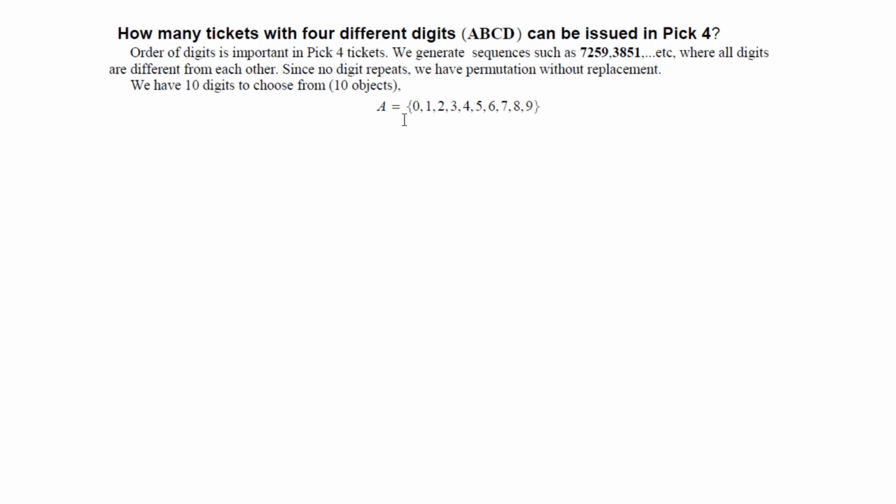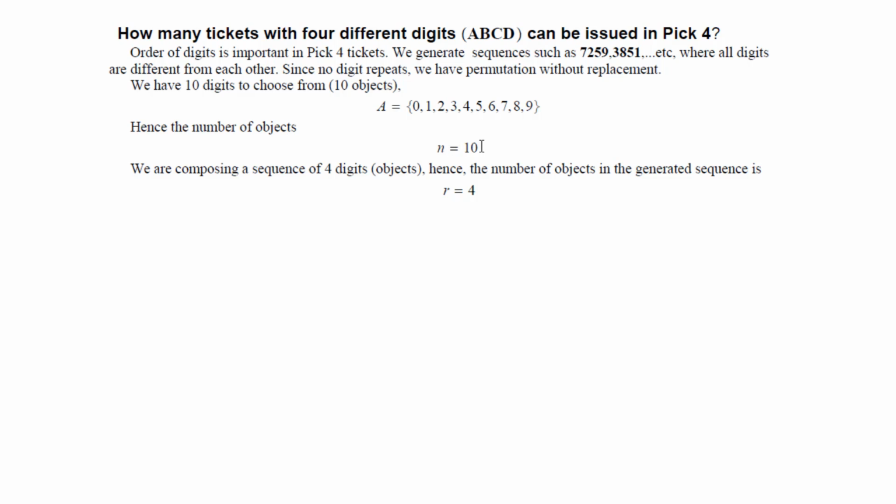In such a case we have 10 different objects numbered from 0 to 9, so n is equal to 10, and we are withdrawing 4 objects, which means r is equal to 4.